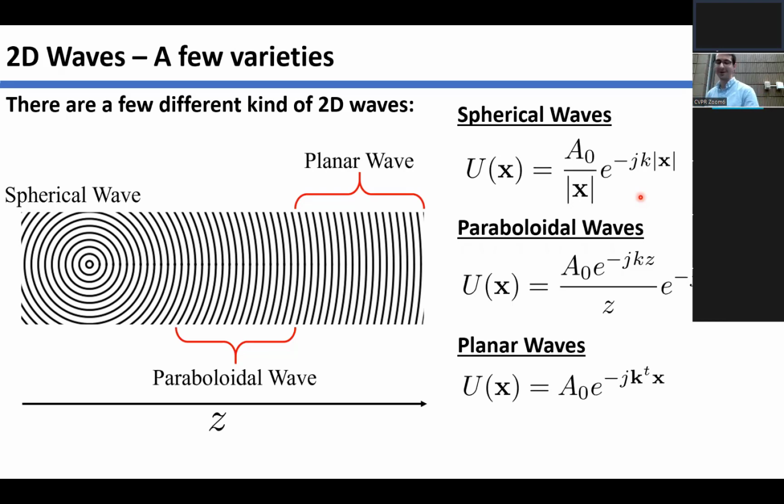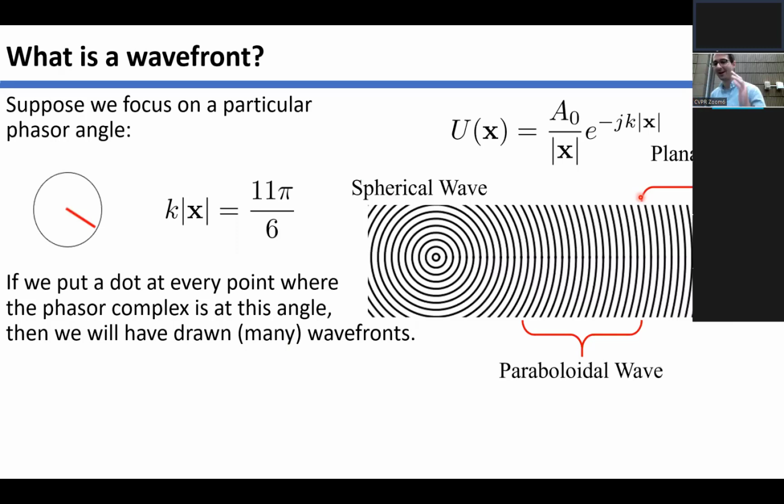So a wavefront is a critical concept to wrap our heads around. Taking the case of a spherical wave, if I fix the phase angle at a particular angle, and go throughout all the space and say the phase at this particular point is 11 pi over 6, I'll put a dot there. I go to the next point, put a dot there.